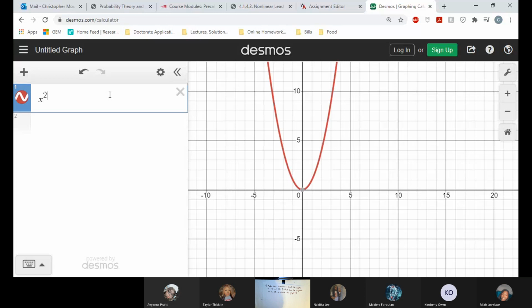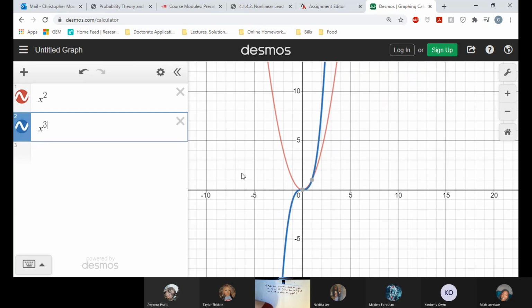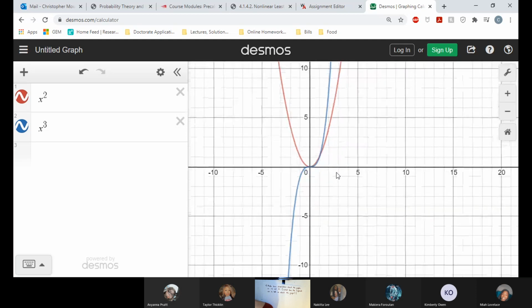Here is x squared. So this is the graphing website I mentioned to you all last time. So this is x squared in red there. Okay, so we see it has that general shape that I drew. Their picture is much nicer, obviously. It's drawn by a computer. Here's x cubed. What's the major difference?